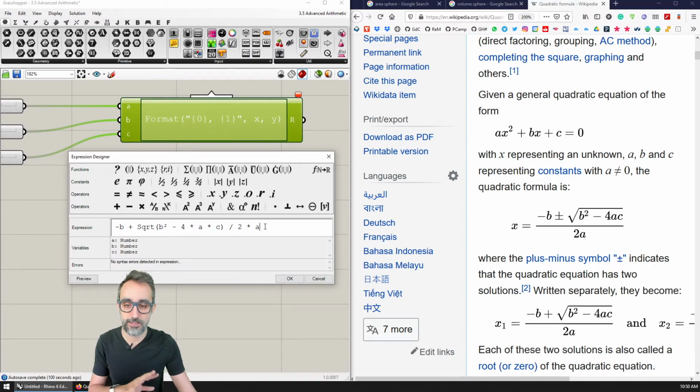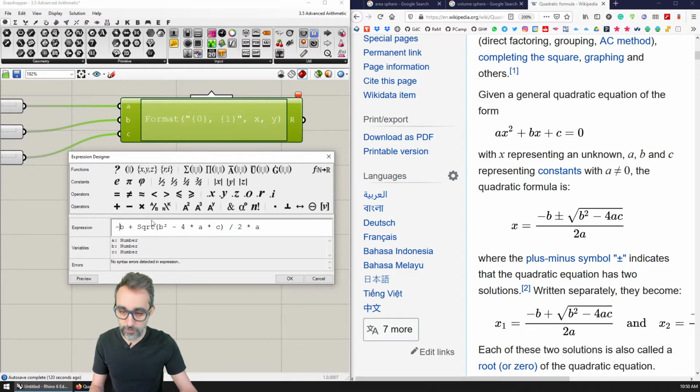So if I were to write this like this, what would happen is that this square root would be divided by 2 times a, and then all of that together will be added to minus b, which is not what I want. What I want is this whole thing to be divided by 2 times a.